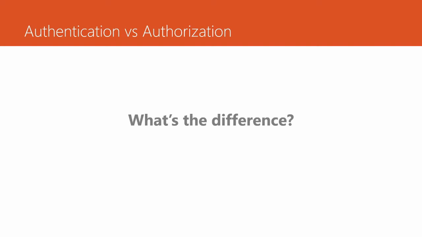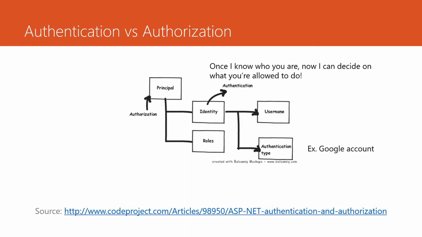So if we look at the difference between authentication versus authorization, it comes down to really two things. Ultimately, I think it comes down to who versus what, or who and what. So really, if you look at this, you've got authorization, that's who, and it's kind of a two-level thing.